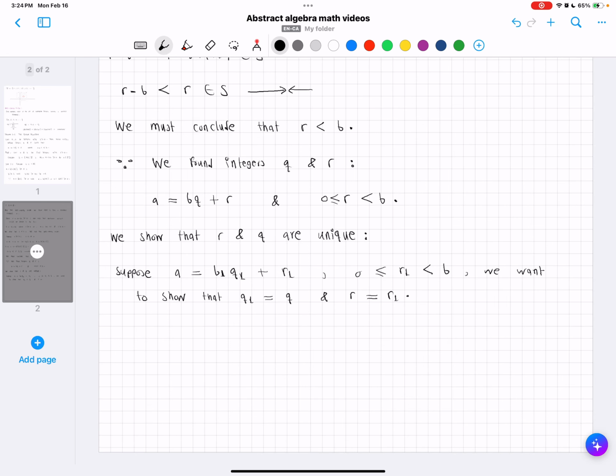So what we have is B times Q plus R is equal to B times Q1 plus R1. So then that means, by algebra, we have B times (Q minus Q1) is equal to R1 minus R.